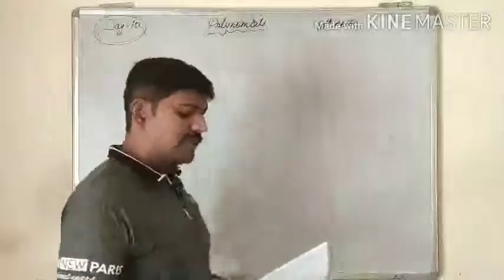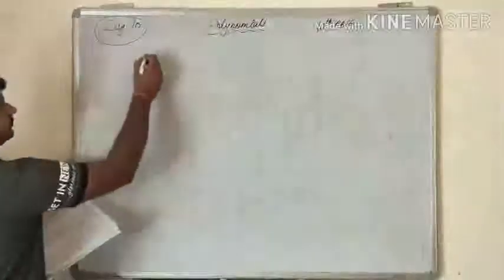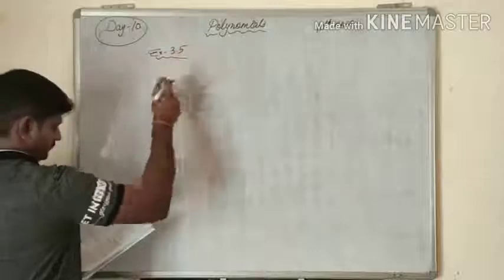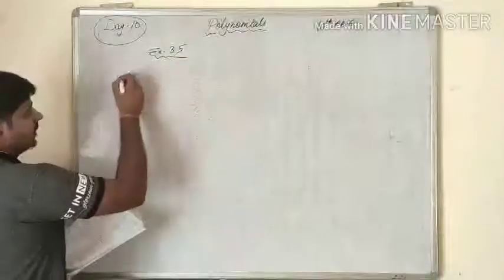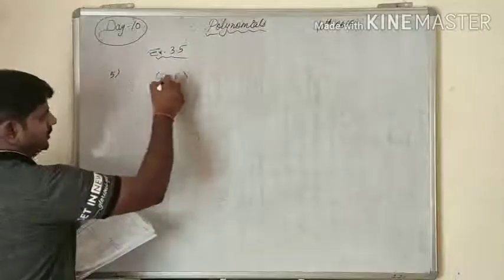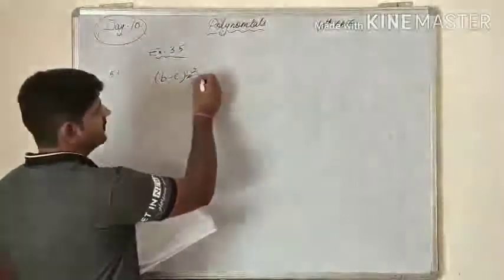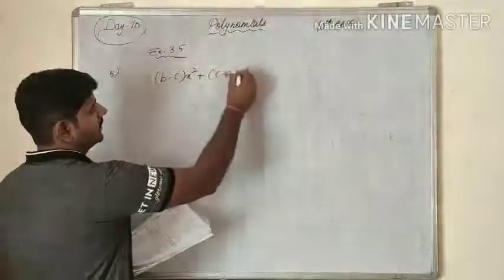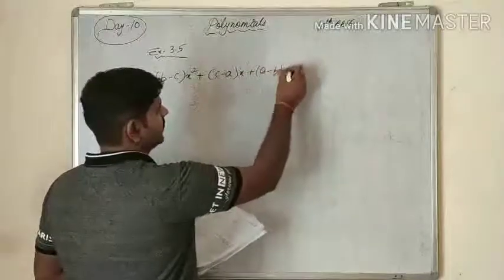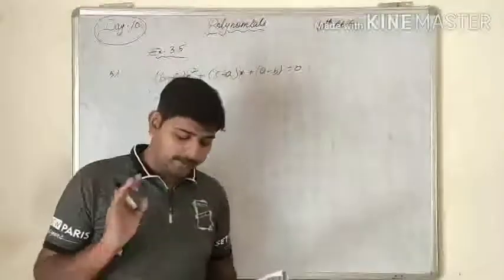If roots of quadratic equation, and that quadratic equation is given, this is the equation (b minus c)x square plus (c minus a)x plus (a minus b) equals to 0, are real and equal.